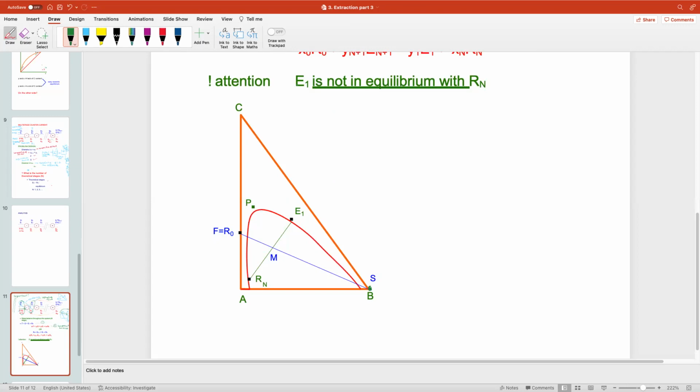Remember, the E is not in equilibrium with Rn, because E1 is in equilibrium with R1.